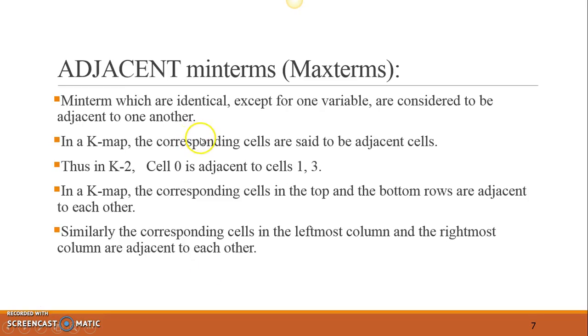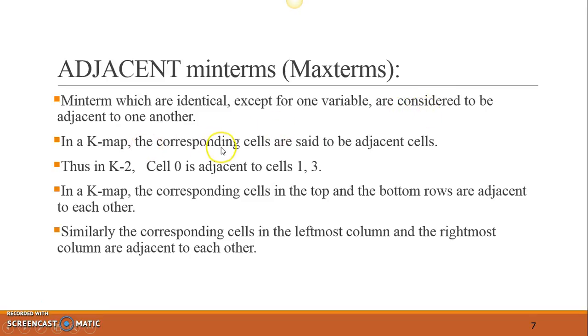By adjacent min terms we mean min terms which are identical except for one variable. So in K-map, when we arrange various min term locations, we make sure that adjacent min terms vary by just 1 bit or 1 variable change.